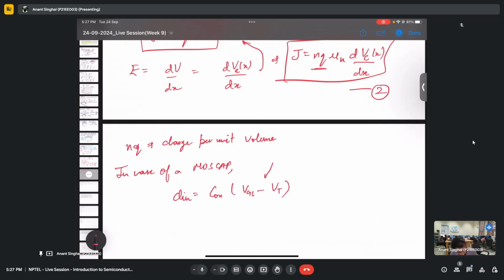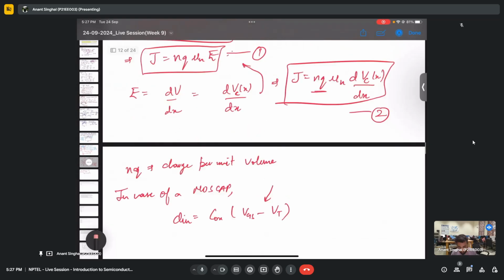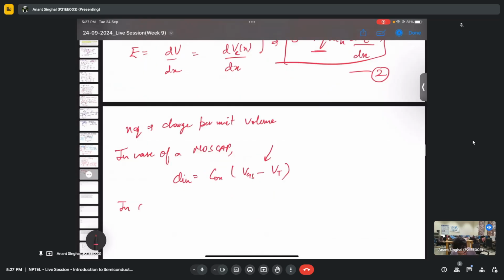That is, we at least require the gate voltage VGS minus VT to have the formation of the inversion layer. But there the applied potential was not zero, like there was no channel potential. What we have in case of a MOSFET is a channel potential VCX.